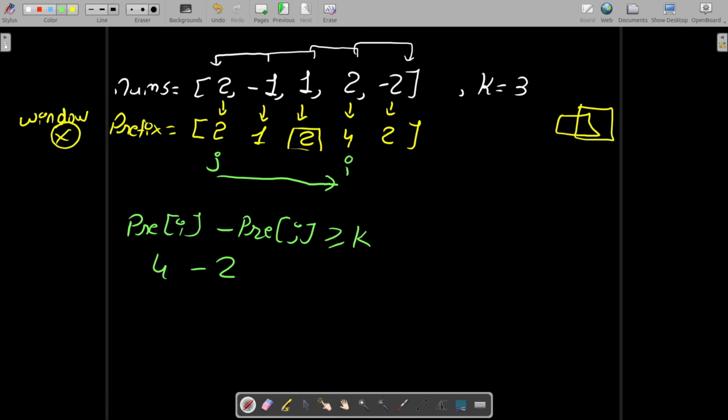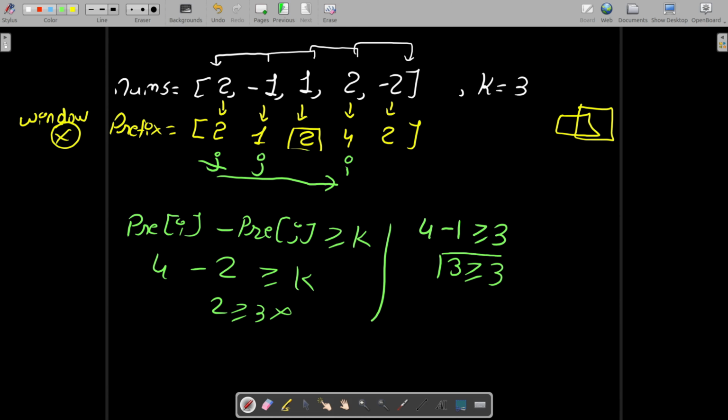So 4 minus 2 is 2, is it greater than or equal to 3? Not. Then if I take j here, 4 minus 1 is greater than or equal to 3. So yes, we got our window.